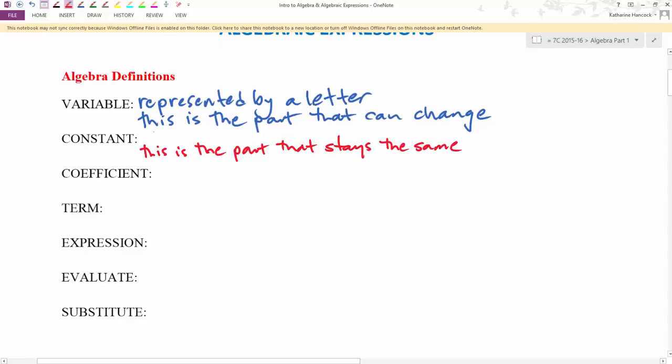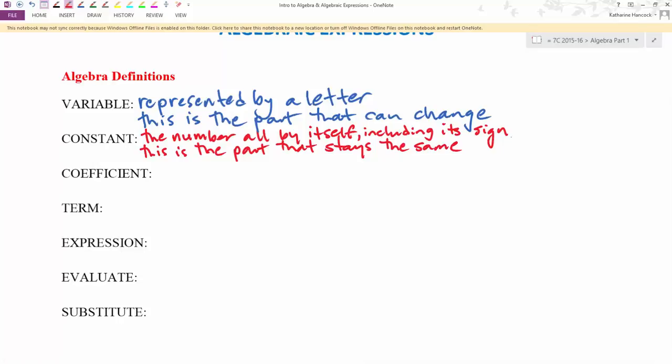And the constant is the number all by itself, including its sign. So if it's -7 with the negative out front, you got to make sure that negative stays there. It's the part that stays the same.